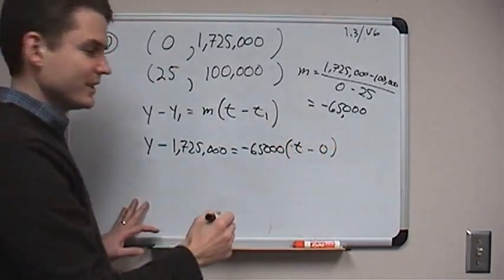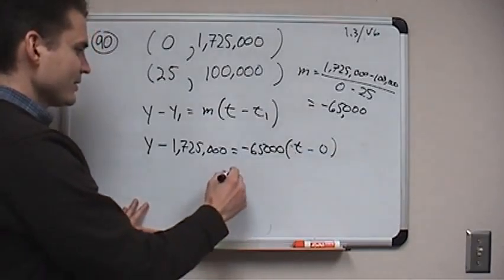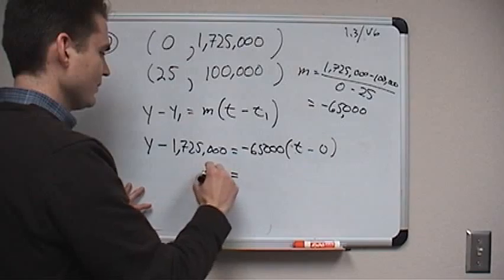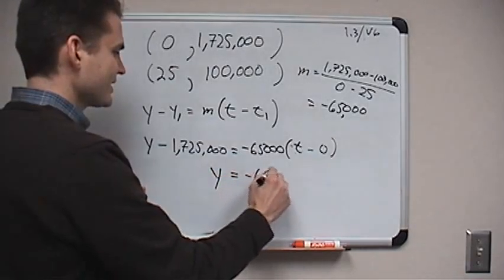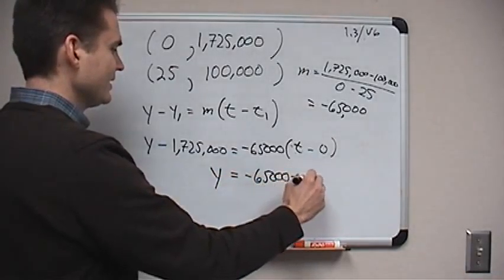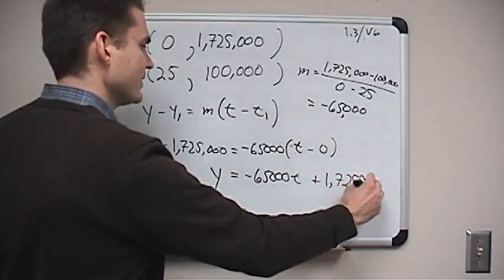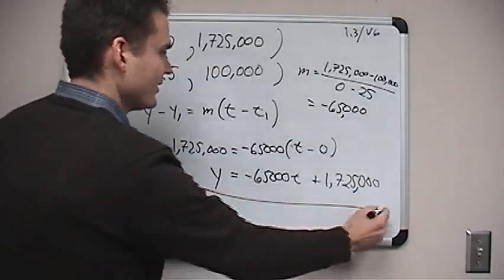Okay, well that makes it a little bit easier. And in any case, if I multiply everything out, basically I'm just going to add this number over. Okay, I'll get y equals negative 65,000 t plus 1,725,000. Okay, so that's the final answer.